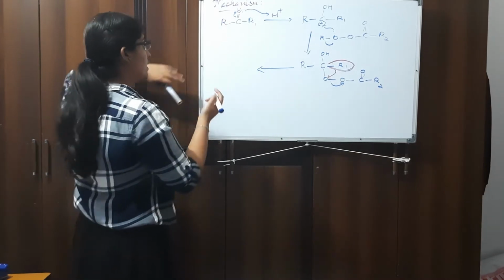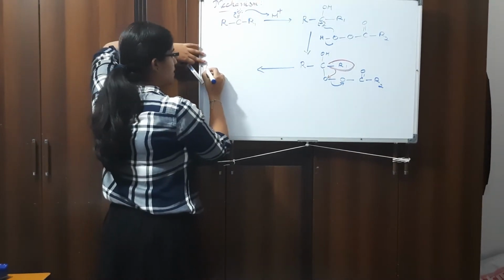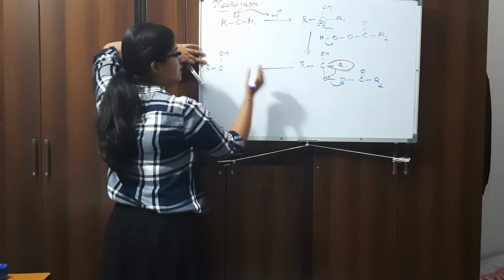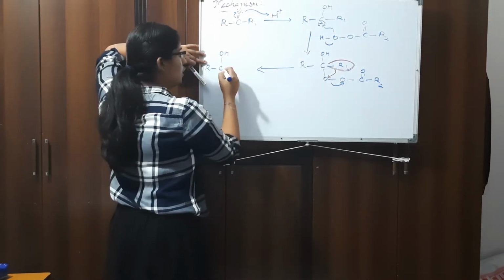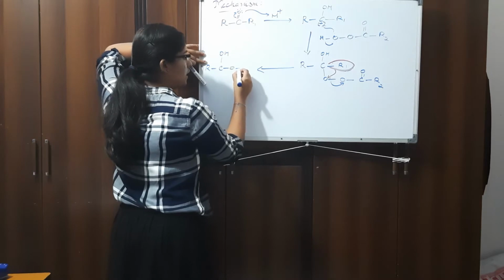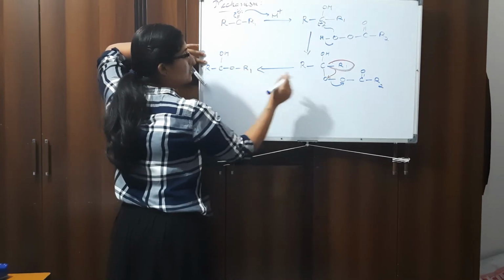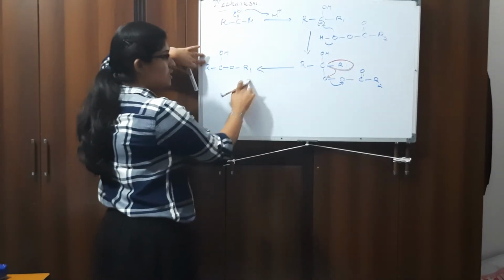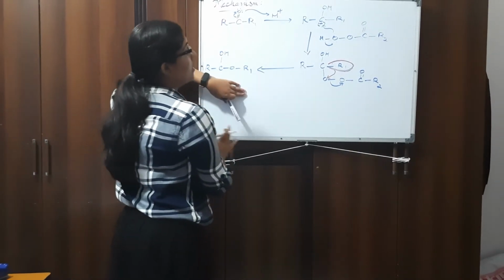So what is the product that we are going to get? The intermediate product is R, C, OH, now that this R1 has shifted to the oxygen. So oxygen was there and R1 has shifted to this oxygen, which I've written straight like this. And what has come out?